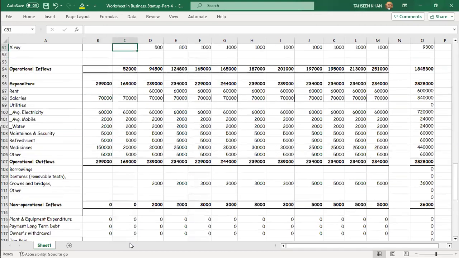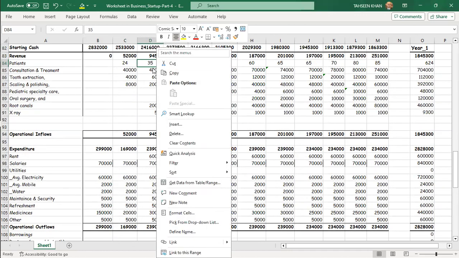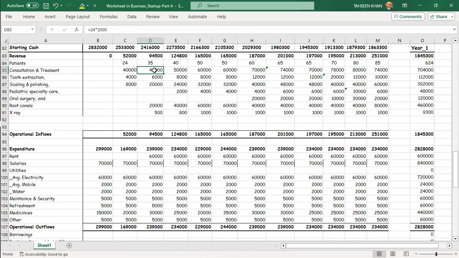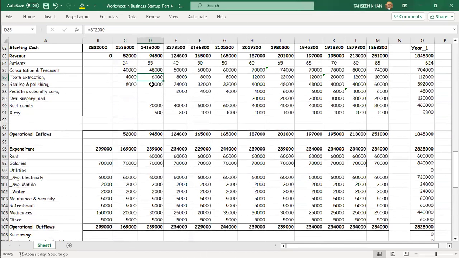Now, for the third month, the patient number increases to 35 and the detail of the revenue is as follows: 28 for consultancy, 3 for tooth extraction, and 5 patients come for scaling and polishing.